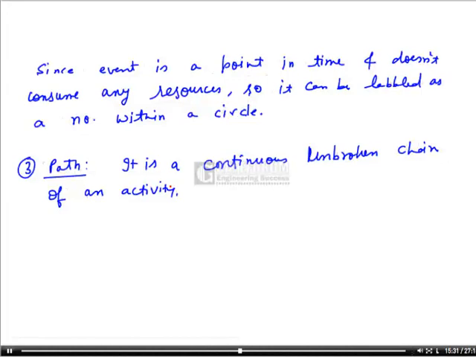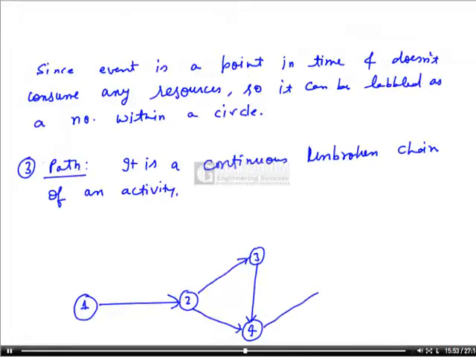Now we will see the rules for drawing the network. There are certain rules which must be followed while drawing the network. Before that, let us see how the network looks. For example, this is what we have drawn. This is 1, this is 2, this is 3, this is 4, this is 5, this is 6.